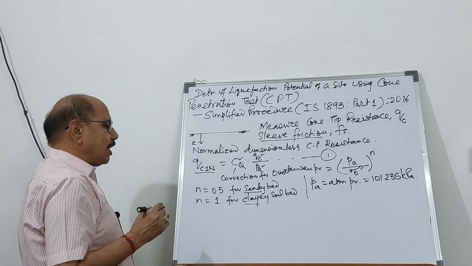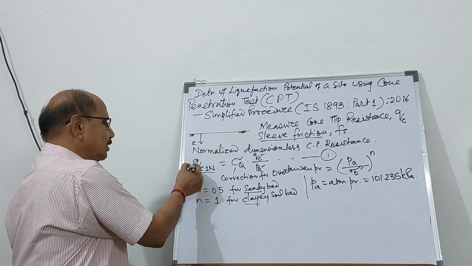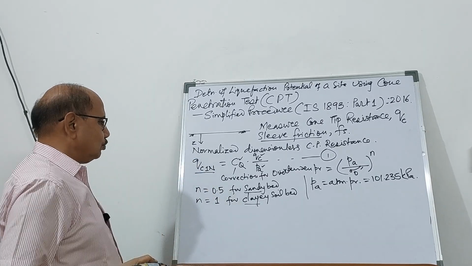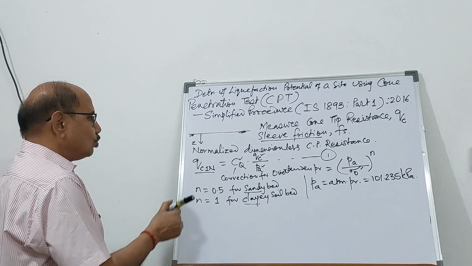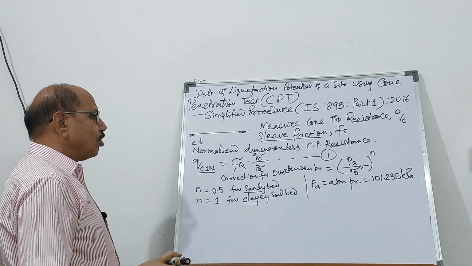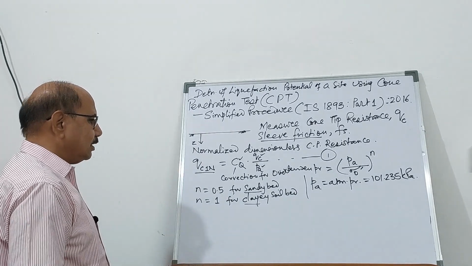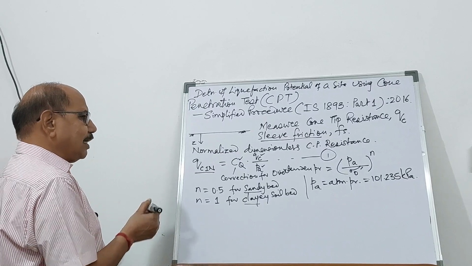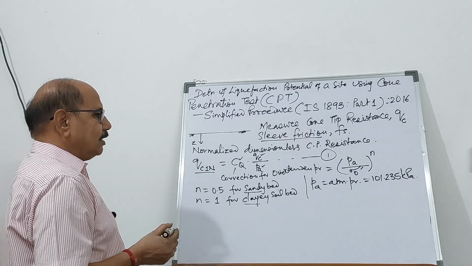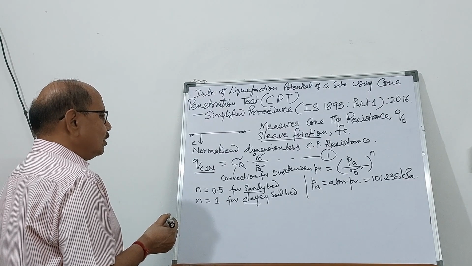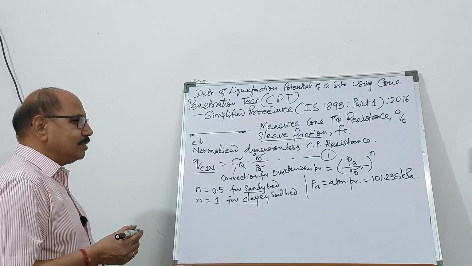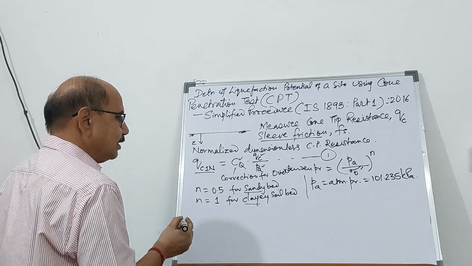So this is the normalized value, N for normalized, and this is the corrected value for QC. So QC has been normalized, and having got this, this is to be again corrected for equivalent clean sand.